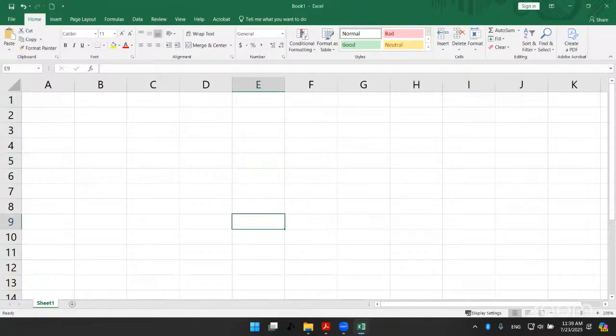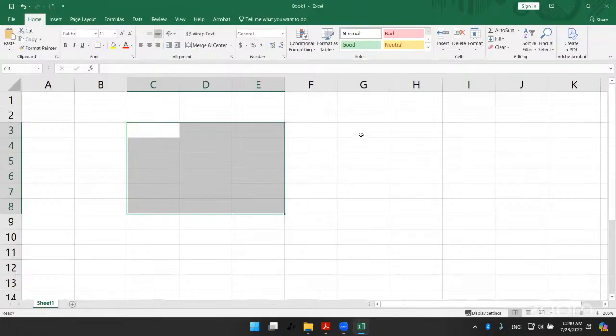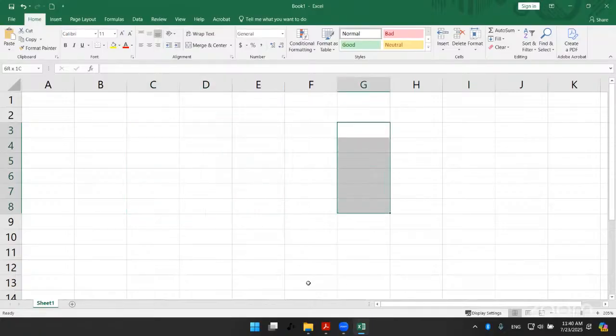Okay, let's see how we can write a cell range. This is a cell. Sometimes we need to write cell ranges, or select cell ranges, like this. How can we write the cell range? Let's learn that.